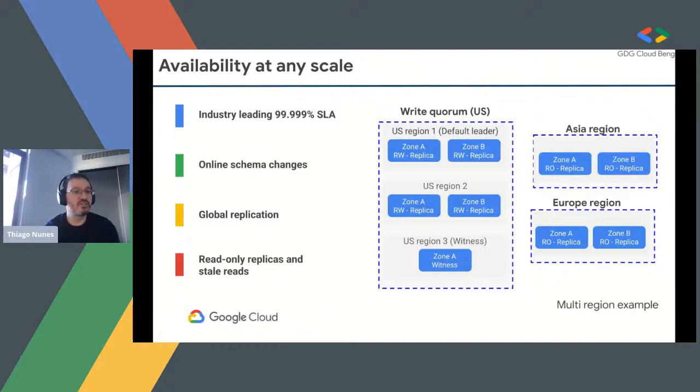The second one is called stale reads, where you're okay with reading data that is at most 15 seconds old, right? So the Asia and Europe regions can serve stale reads without having to do any network hops or communication with the write quorum. That way, you're going to use fewer resources.